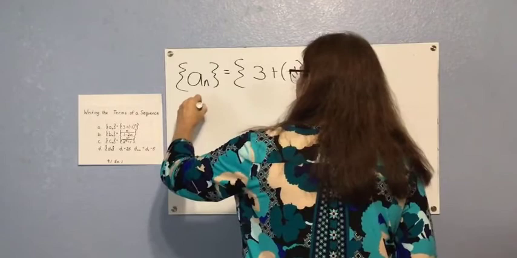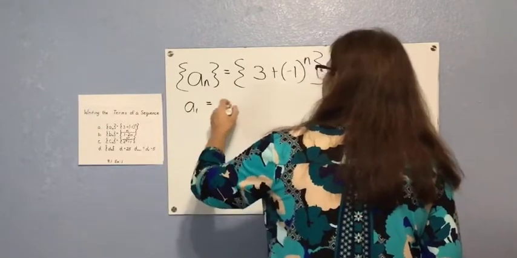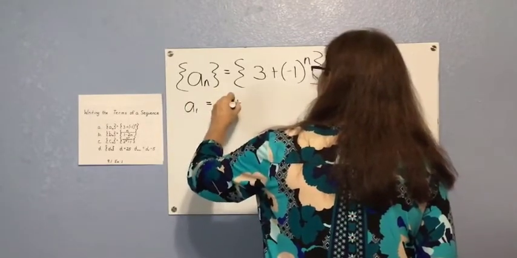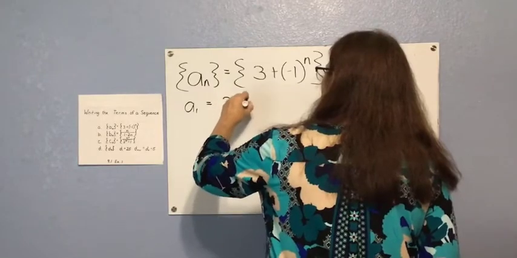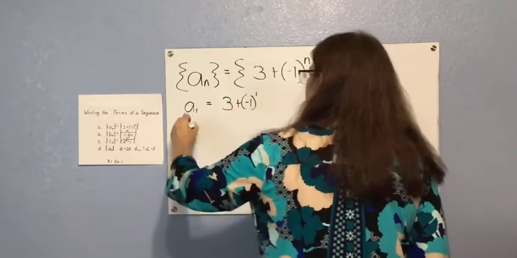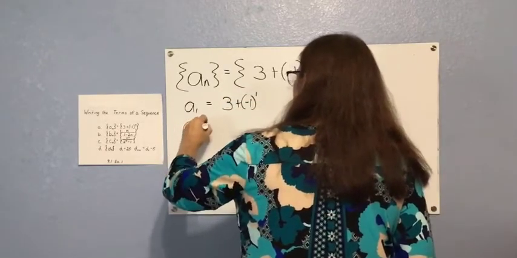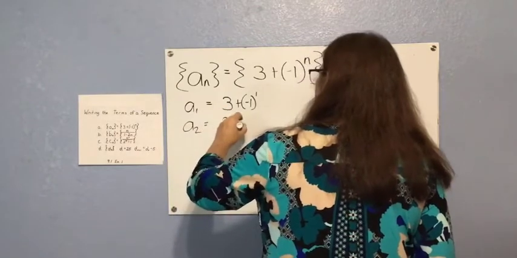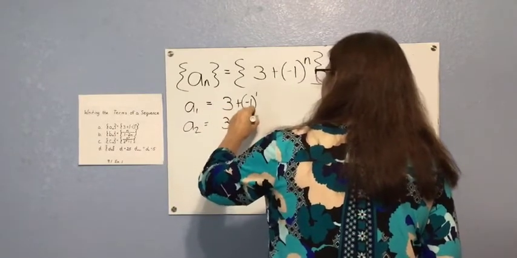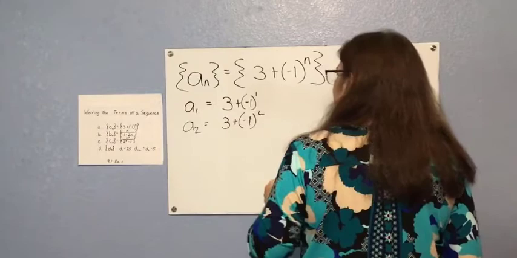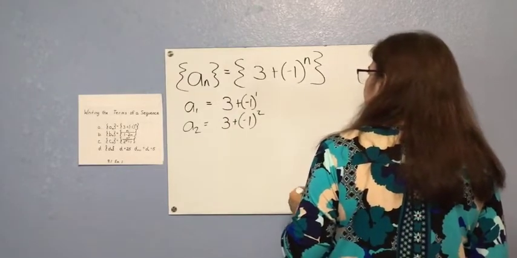So a sub 1 would equal 3 plus -1 to the first, a sub 2, 3 plus -1 squared, and so on.